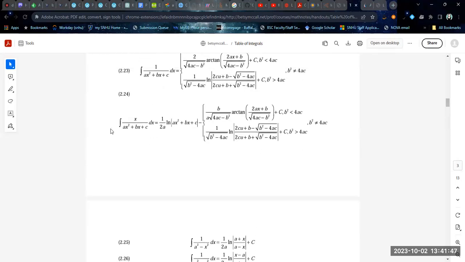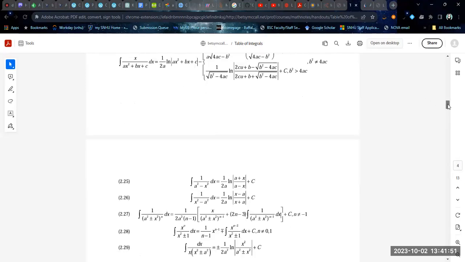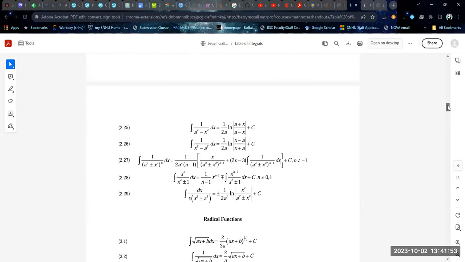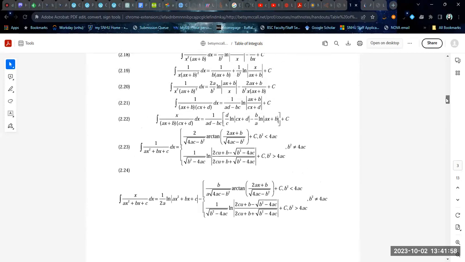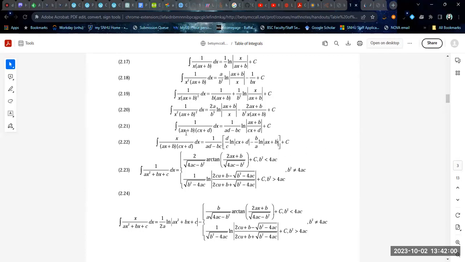Another option would be to use something like this, but then we have to check some conditions. So I think this one that we were just looking at right here is it: we have a 1 in the numerator, we can factor the denominator. This is probably the one that we want.